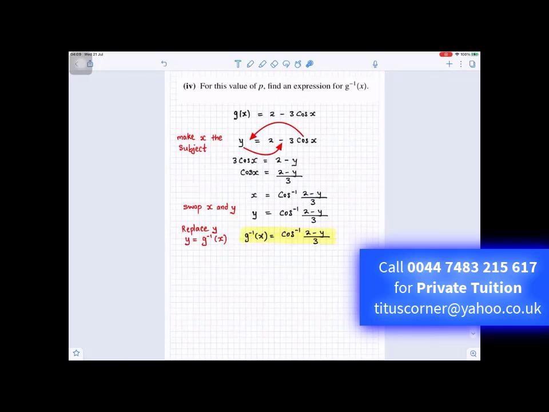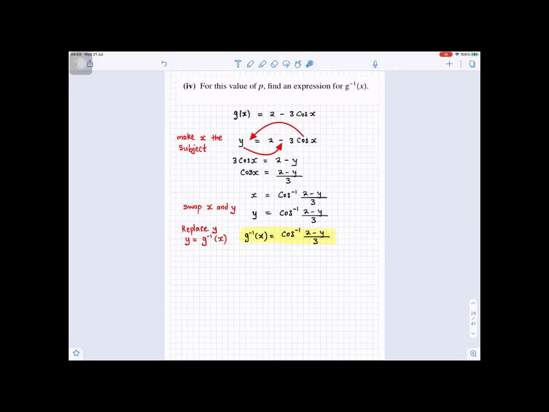Part 4. For this value of p, find an expression for g inverse of x. So we change g of x to y, and then we make x the subject. So minus 3 cos x goes to the left, it becomes plus 3 cos x. y goes to the right, it becomes 2 minus y.